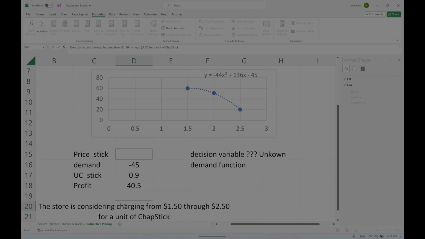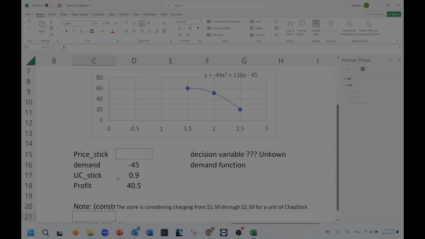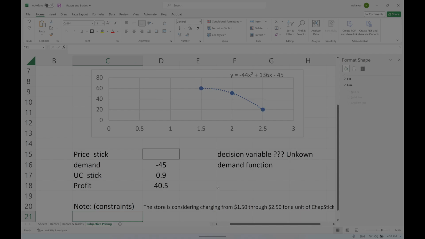So this note is very, very important, isn't it? And this note is actually the constraints in the optimization problem. So these are the constraints of the optimization problem.